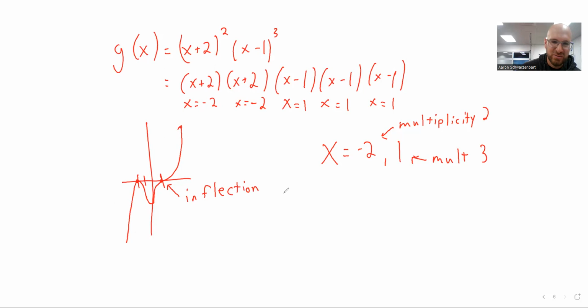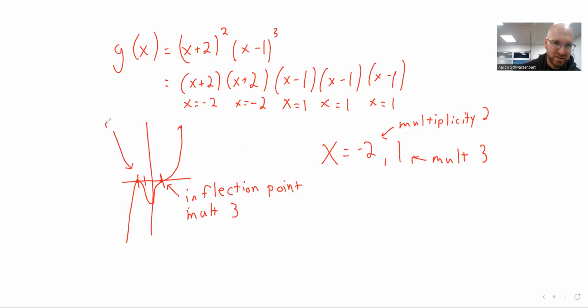Looks like the middle of a cubic. So if I have a multiplicity 3 root, I have an inflection point going through the x-axis. You can have inflection points elsewhere as well, but if I have a multiplicity 3 root, it's got the inflection point going through the axis.